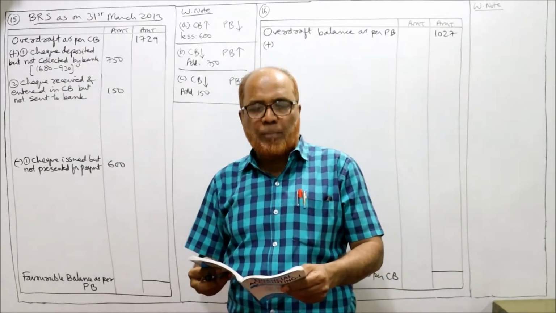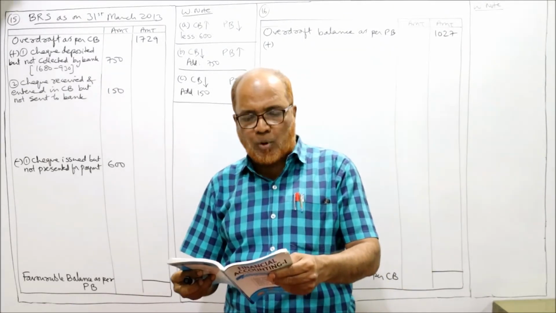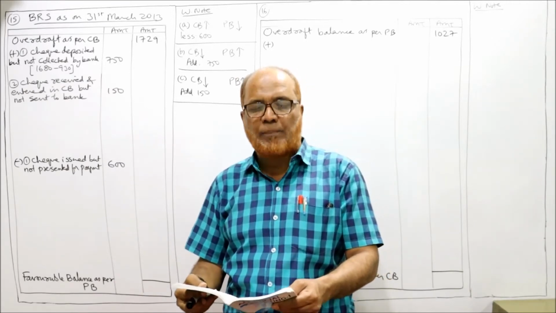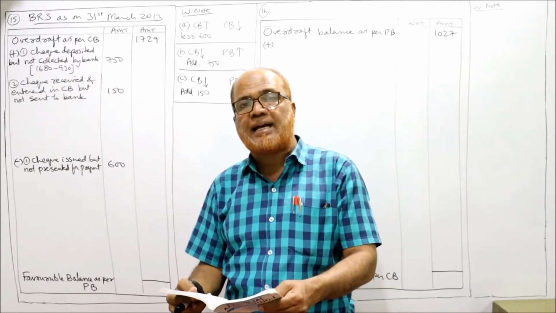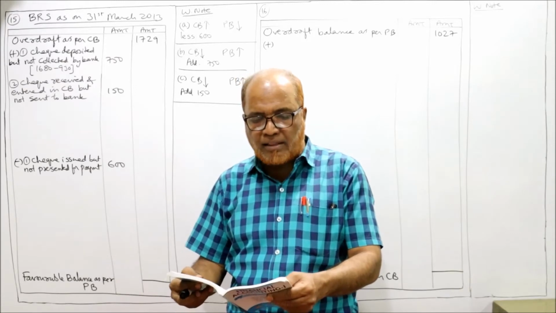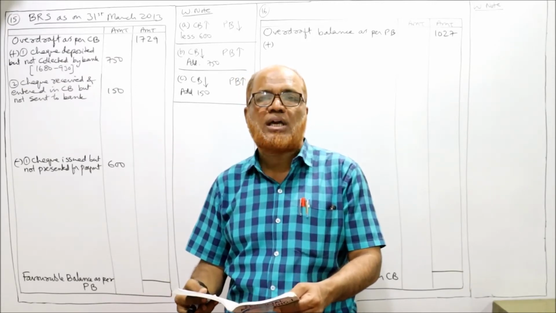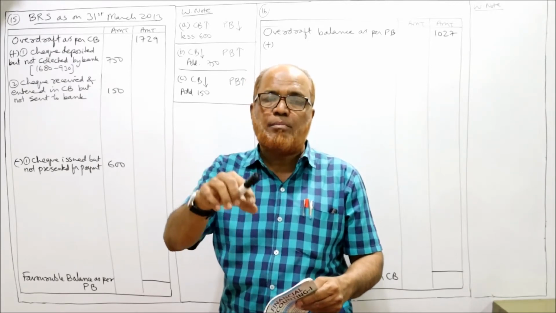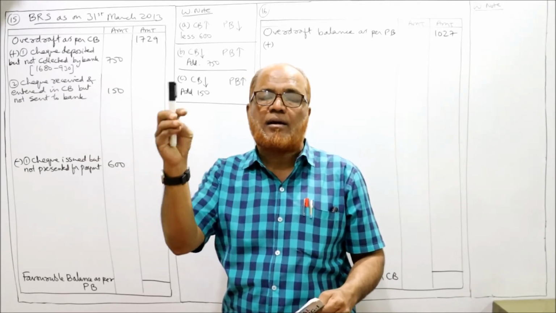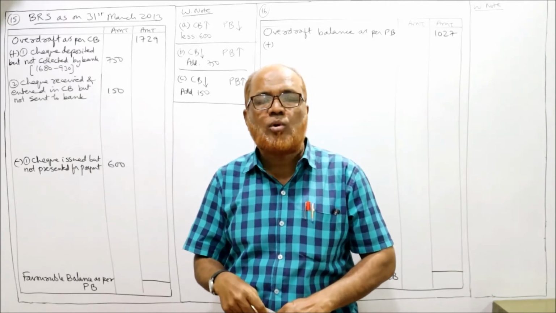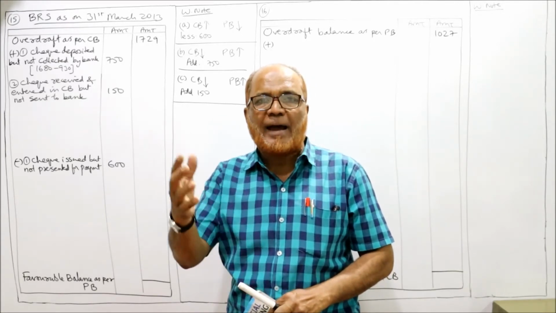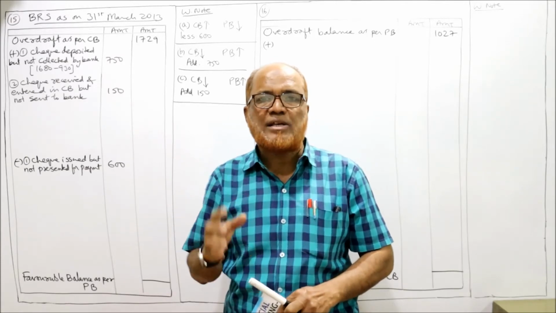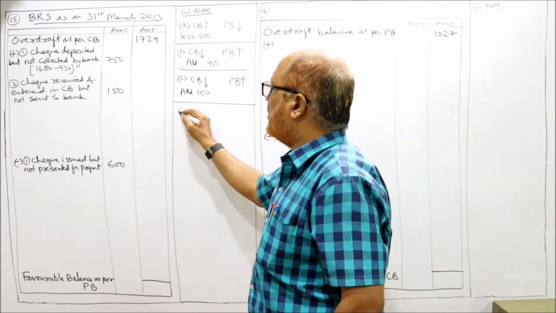Now the next one. Rupees 2,500 being the proceeds of bills receivable collected by the bank appeared in the passbook but not in the cash book. The bills receivable collection was made by the banker and recorded in the passbook, so the passbook OD will come down.